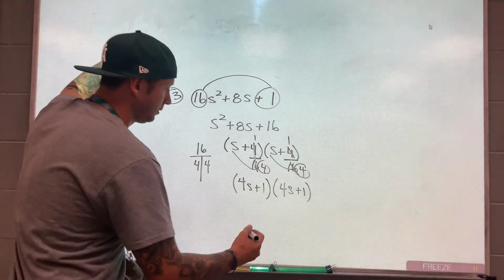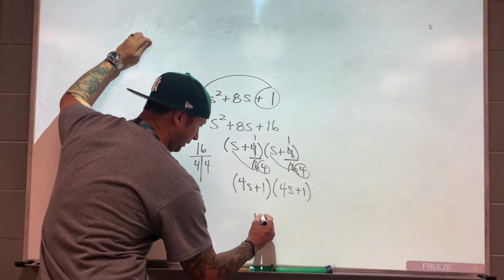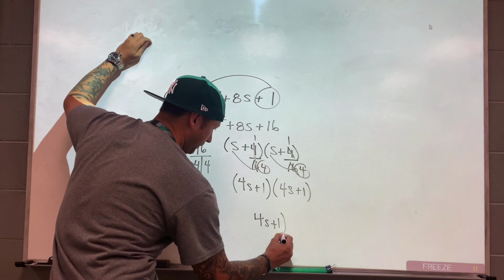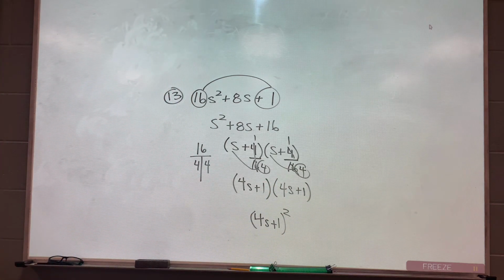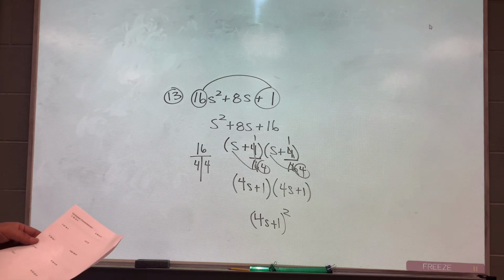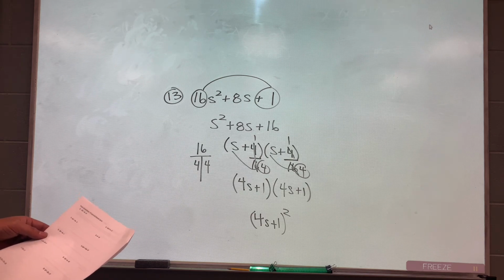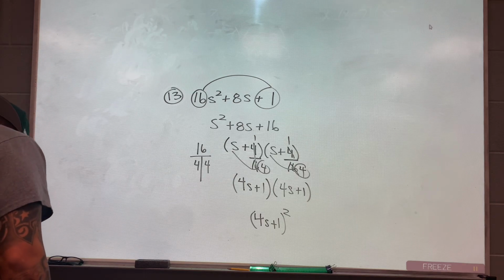Some might argue that this is 4s plus 1 squared because there are 2 of them. Either one of those answers is acceptable in my opinion. Okay, 14.